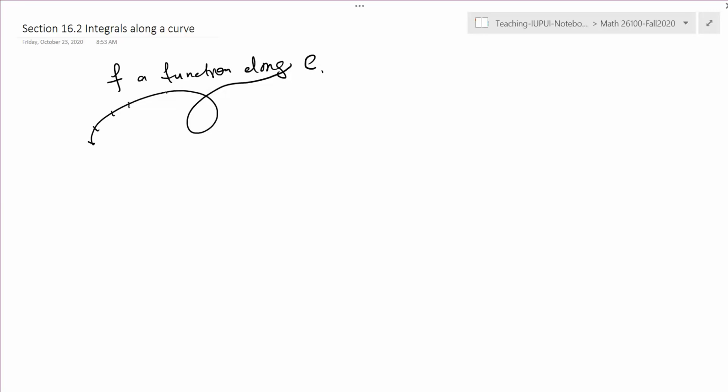You partition this curve. So you have P0, P1, P2, P3, and the last one is Pn. Then you choose an arbitrary point in each interval.